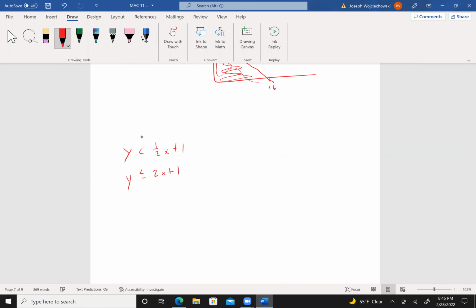I have 0.5x plus 1, and I want that less than. We have 2x plus 1, and I want that as less than also. Actually less than or equal.